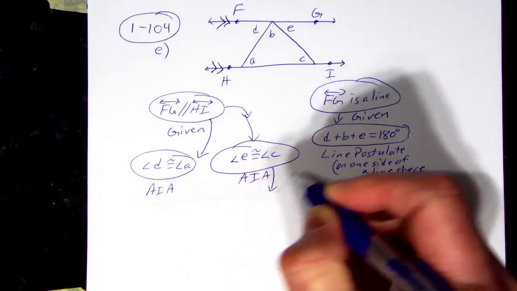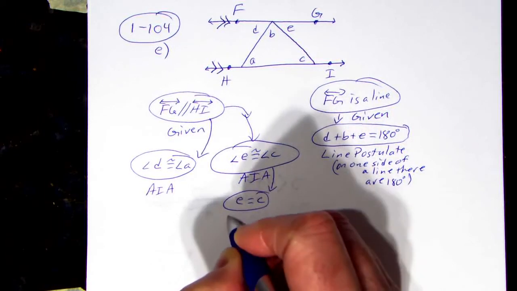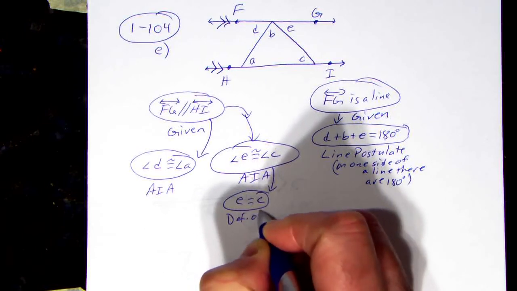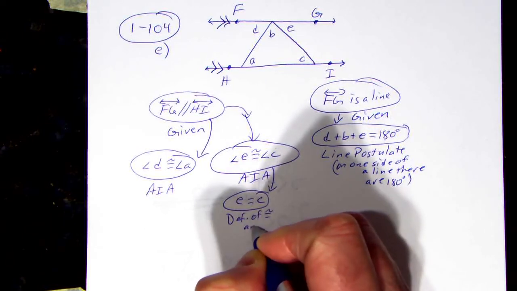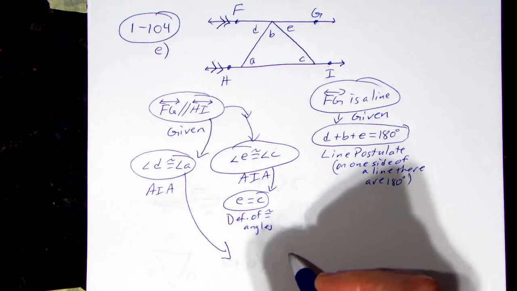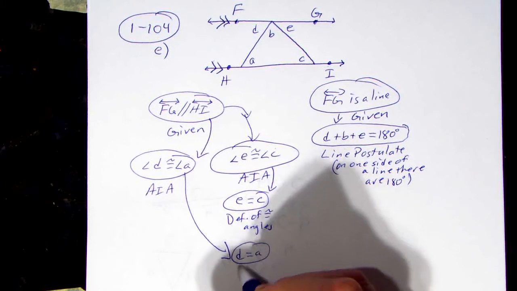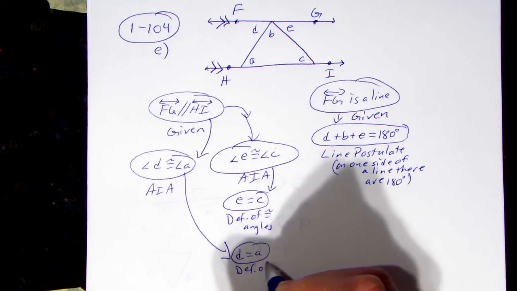If E and C are congruent, then E equals C by the definition of congruent angles. I'll bring this over here. We also know that D is equal to A by the same reason, definition of congruent angles.